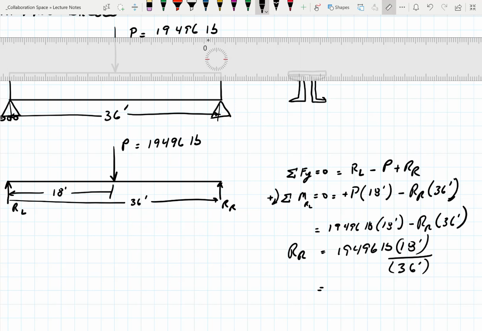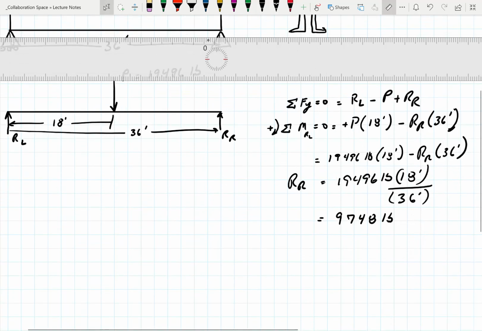So what do we got for an answer? 9,748 pounds. Okay?